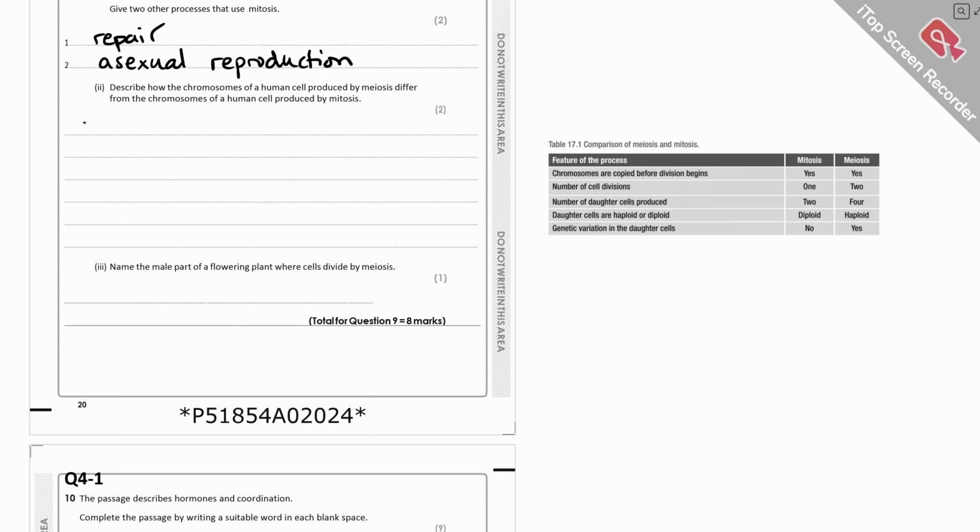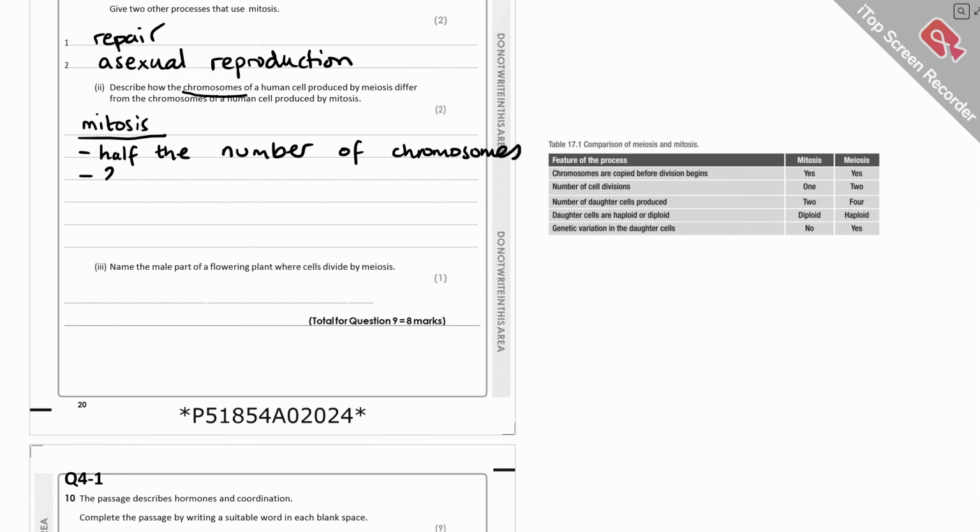Let's look at, okay, body cells produced by mitosis. Right, they're going to be, the chromosomes, they're going to have half the number of chromosomes.